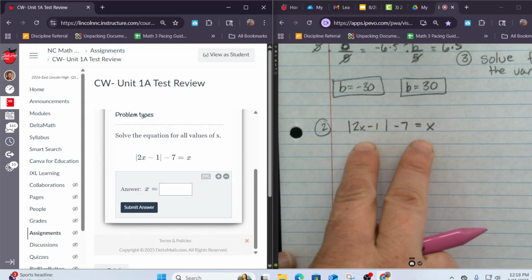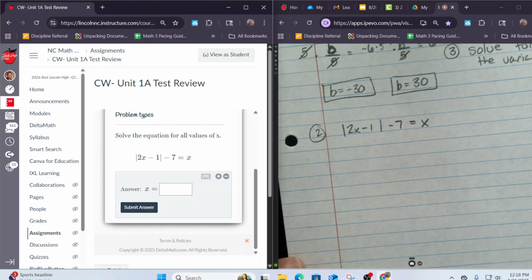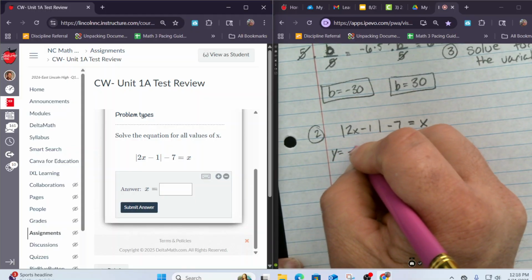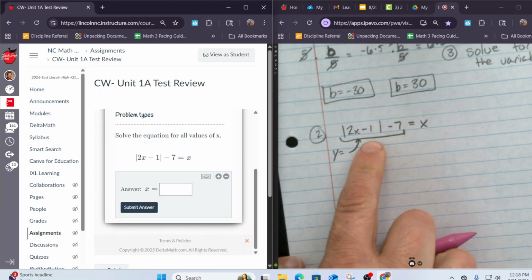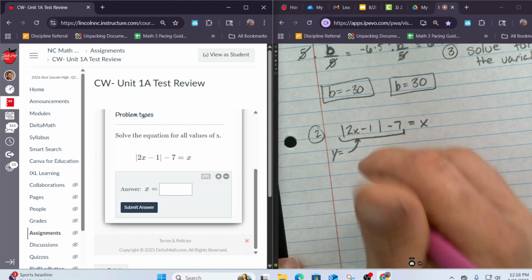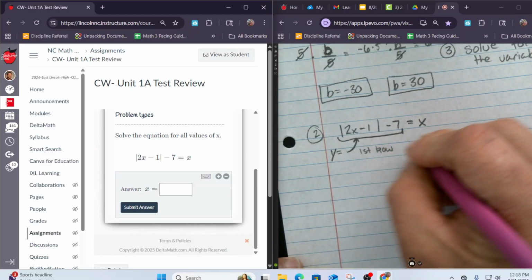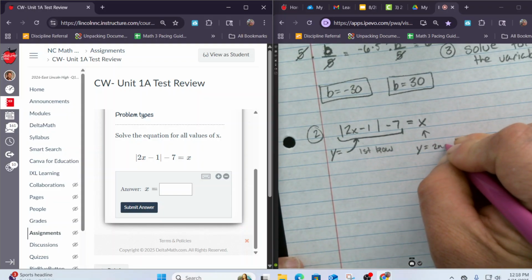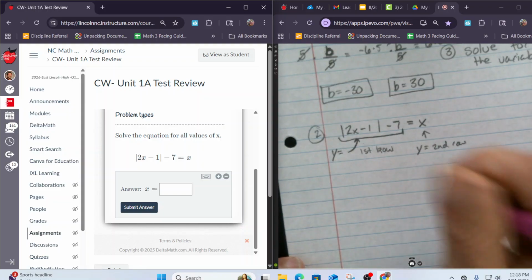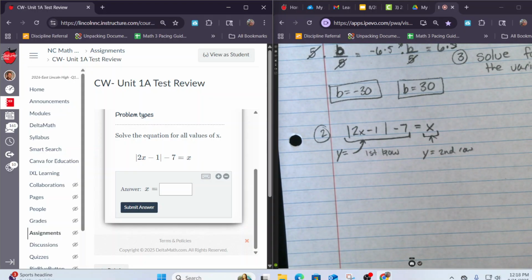Now, guys, this one will be one that you can use strictly Desmos. So remember, we're going to put the left side and then we're going to put the right side in a second row. Do I ever put the whole thing in one row by itself?